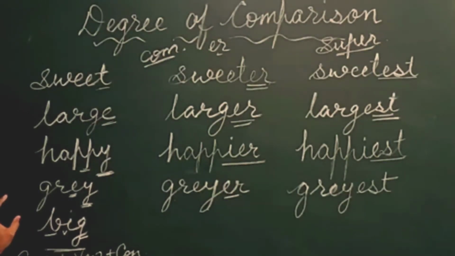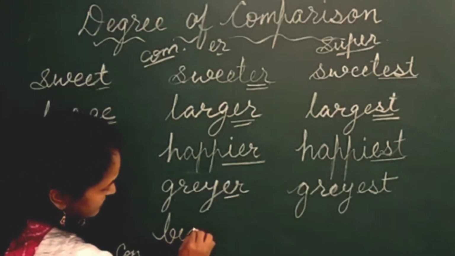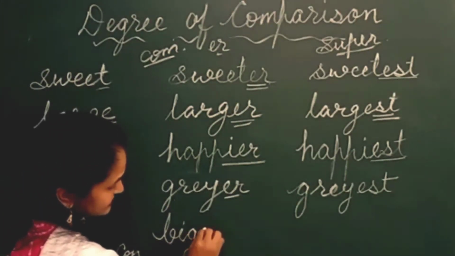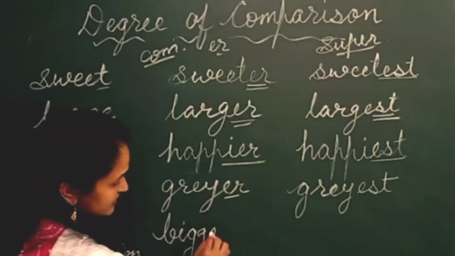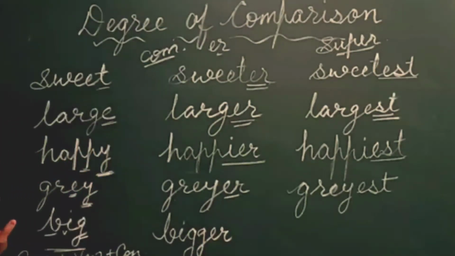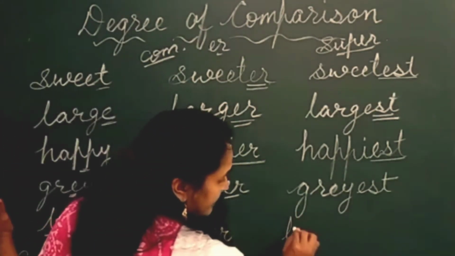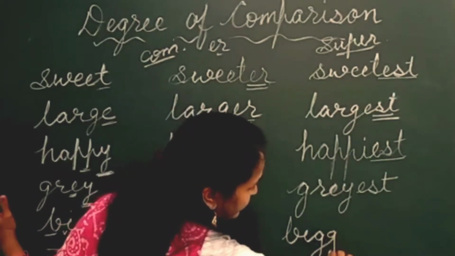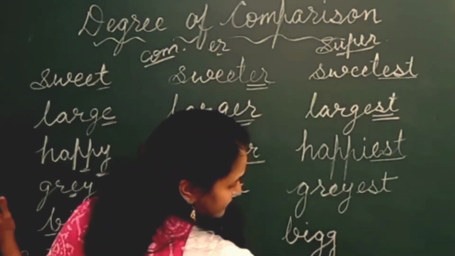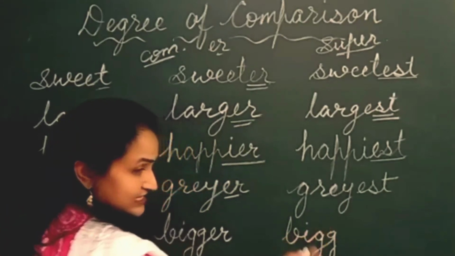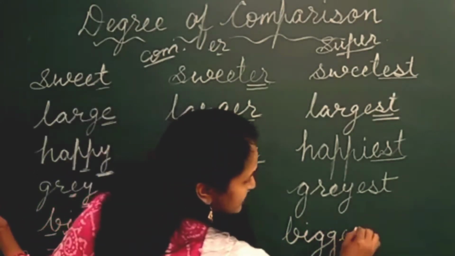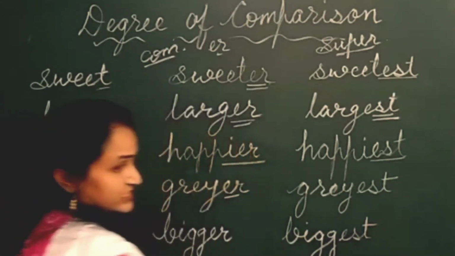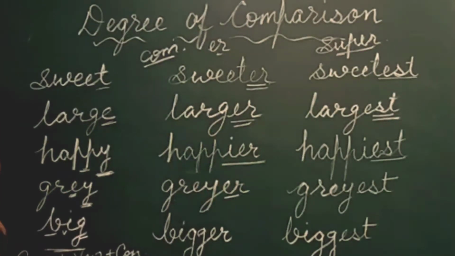To change this type of adjective into comparative degree, we make the last consonant double and use er. Again, for making the superlative degree, we make the last consonant double and use est.